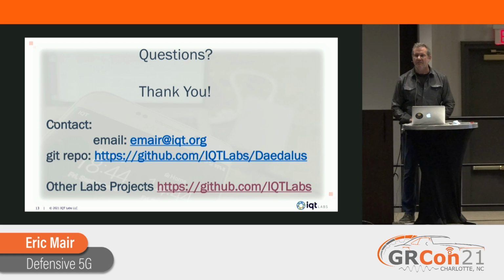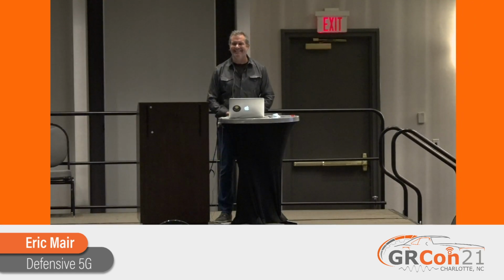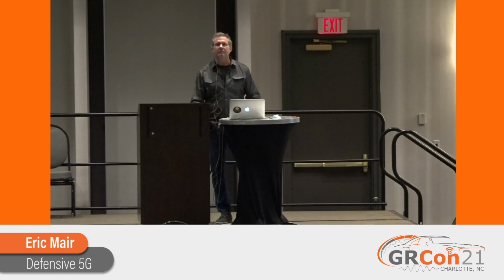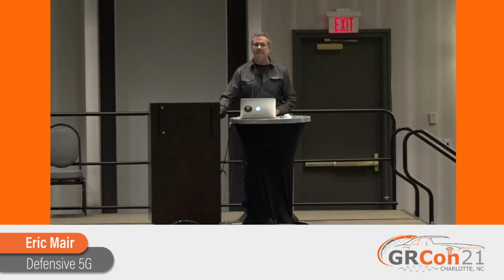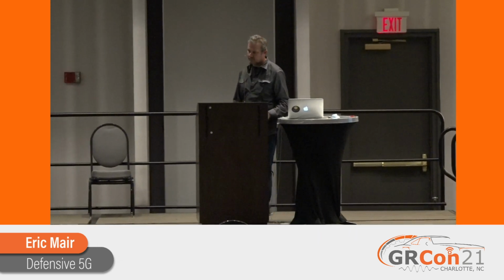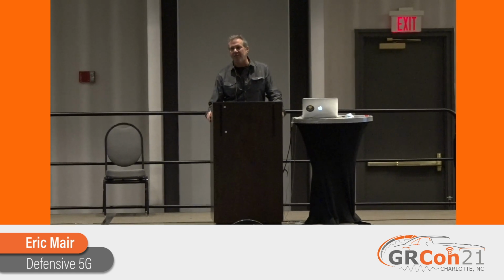I was going to ask if your testbed is NSA or SA. It looks like it's a little bit of a mix of both. I think you spoke a little bit about this, but what prevents you from having a full SA? Is it just a matter of tooling that doesn't exist, or just getting things that you already have working? Well, by definition, we don't have a G node B, right?